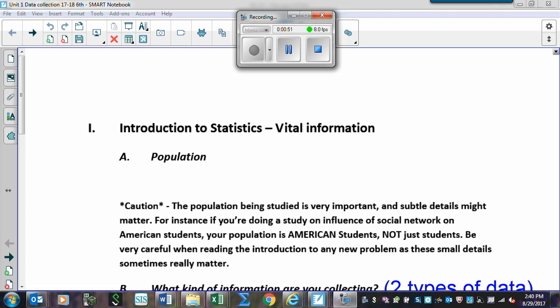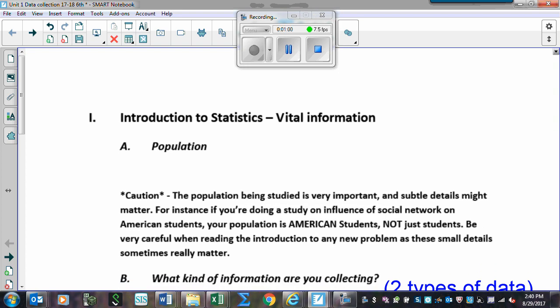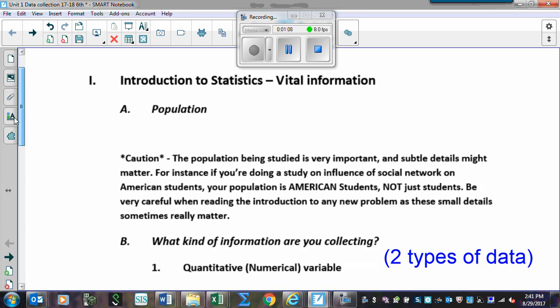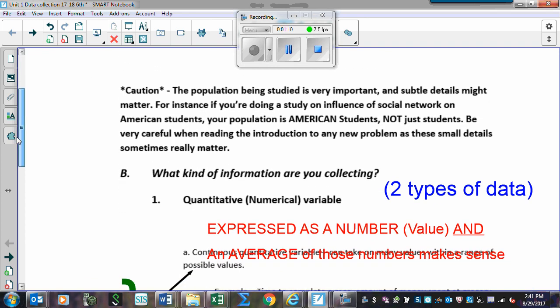Okay? And I'll put the definition on the next slide. But when we're talking about a population, we can define it however we want.